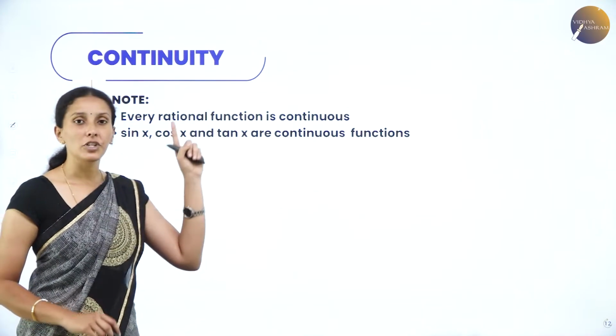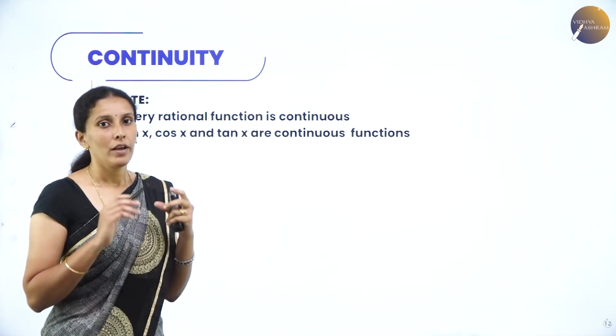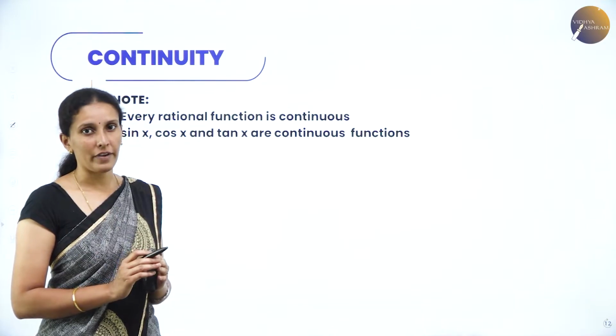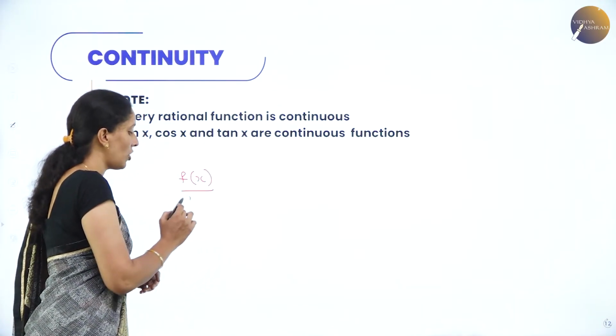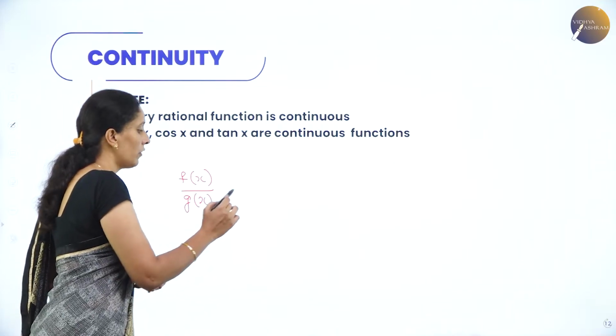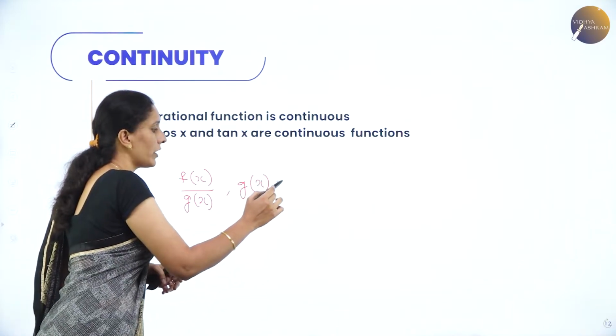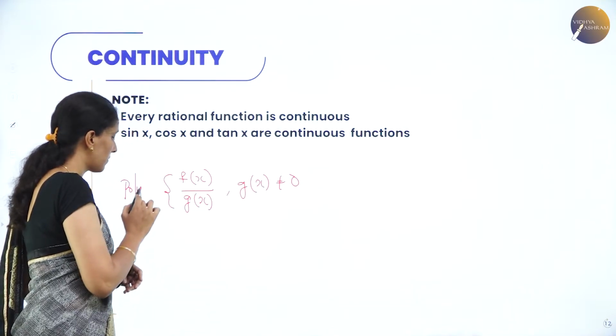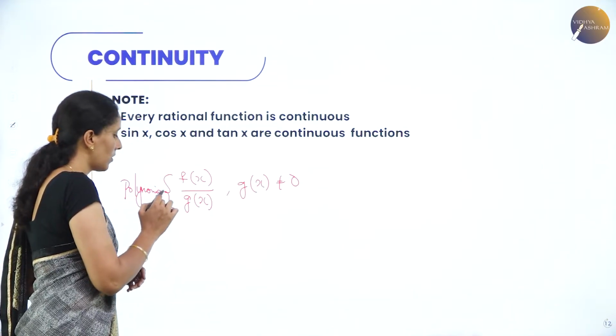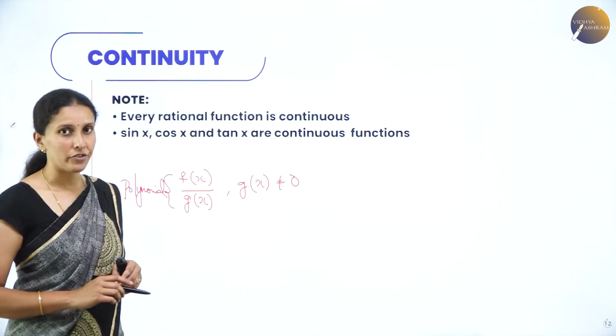Every rational function is continuous. So f of x by g of x, all functions in the form of f of x over g of x, where g of x is not equal to 0, and these two are polynomial functions. So this is what a rational function is, right?